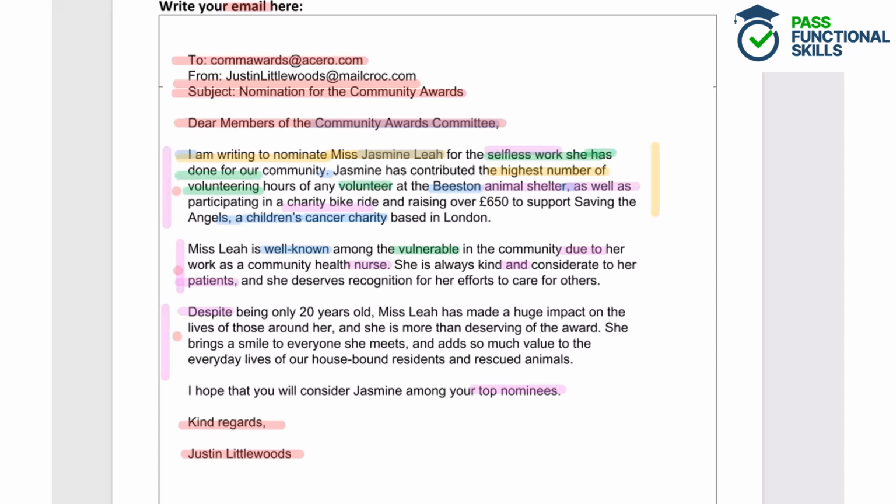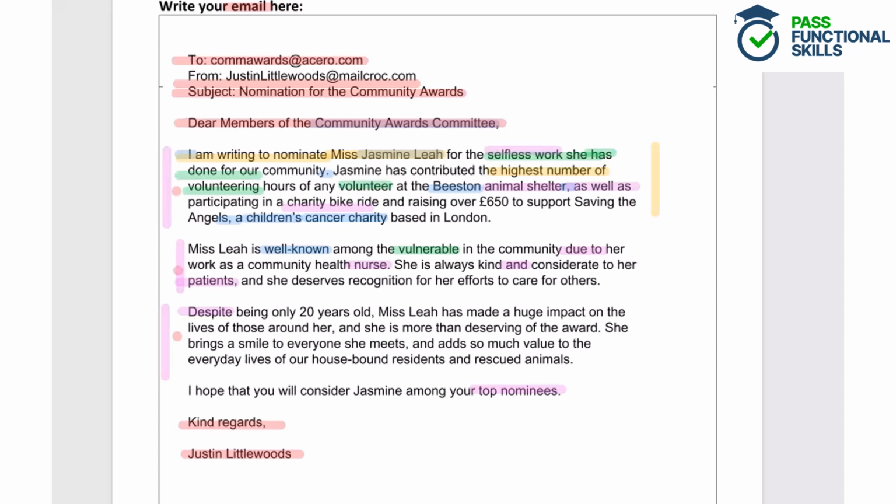And then we get some more details in the second sentence to expand on this selfless work. So she's a volunteer at an animal shelter, and we've got this connective phrase as well as to connect some further information to this. So she's also participated in a charity bike ride. That's some more selfless work that she has done, and raised some money to support a charity.